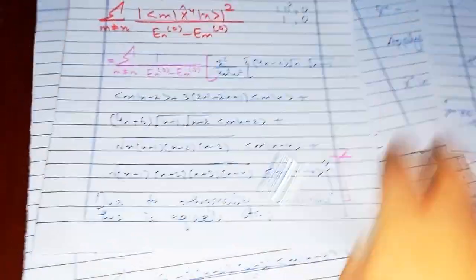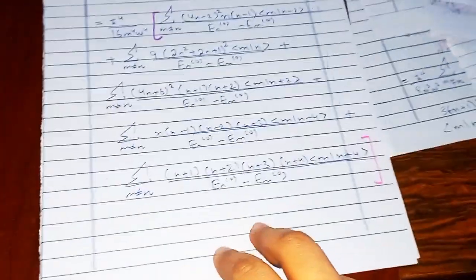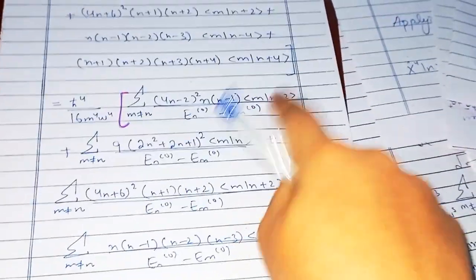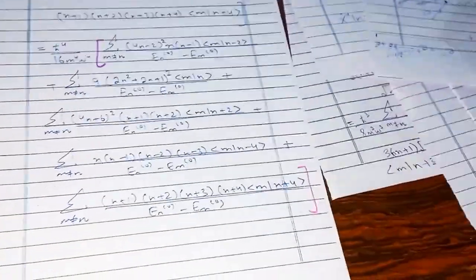You don't need to mention what was happening again and again. So that is all that was needed. Now here what's happening is that we have these bra-kets, and this m is running over these m values, and this product, these bra-kets from orthogonality condition.